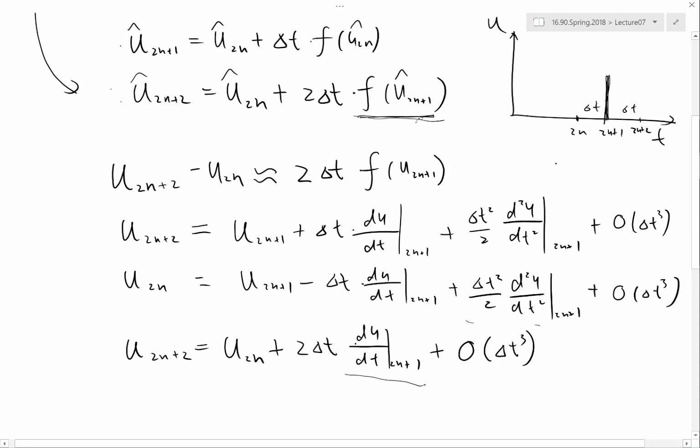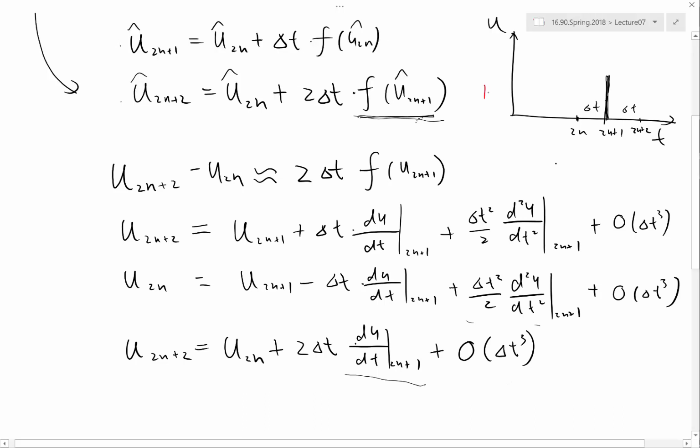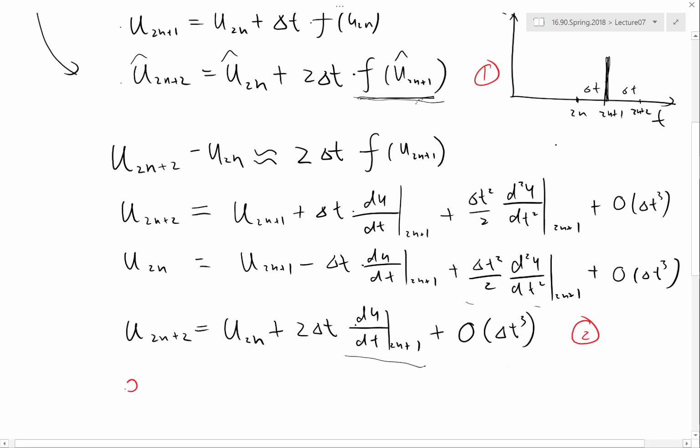When we subtract equation 1 from equation 2, what we get is the error at 2n plus 2, which is the difference between the numerical and analytical solution, would be equal to the error at 2n plus 2 delta t times the error in the f's, right?